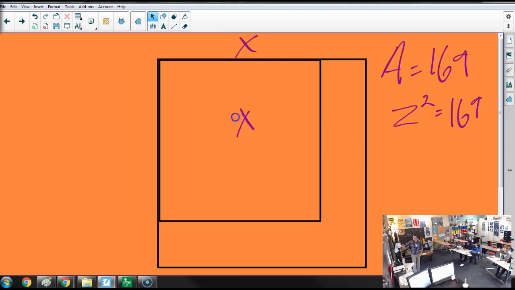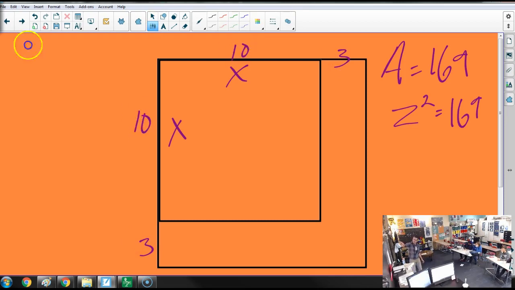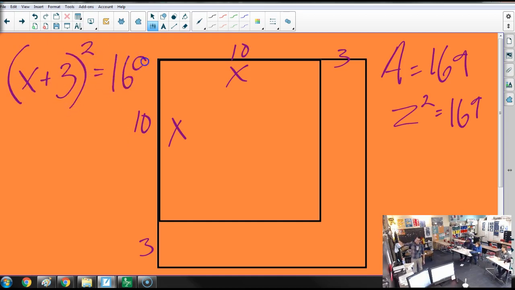You guys are all very smart people, so you figured out pretty quickly 13 squared is what satisfies 169. Which means if this is 3 and this is 3, these have to be 10. So really what we had, if we write this out, is (x + 3) squared equal to 169. x equals 10 in this scenario. And really, you should write this out for when it gets harder.